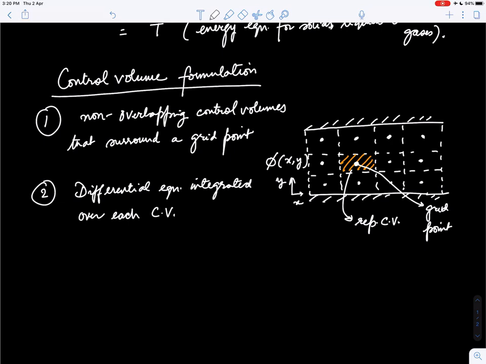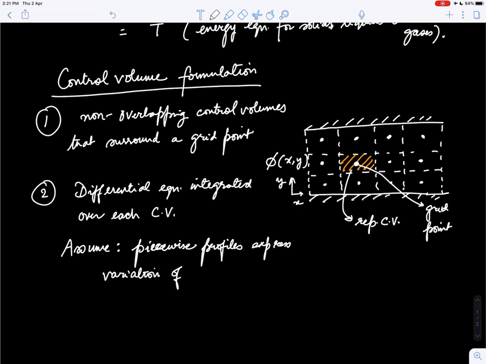What we'll end up assuming is some kind of piecewise profiles, which would express the variation of the scalar phi between these grid points.